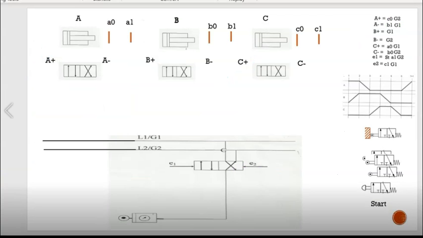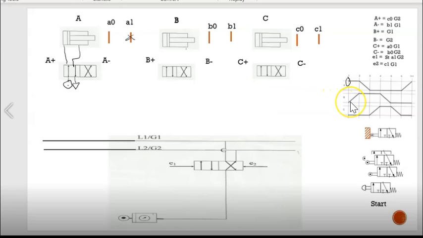Hi, Assalamualaikum. We're going to do the 3 cylinders here, A, B, C, and we have the 3 DCVs here, and these are the locations of the actuators. Okay, so we have the logic statement, and then we're going to look at the first starting point. So we know that it starts at A1 for this one. So we connect, since it's A1, so the connection should be here, and we have the source and also the exhaust.